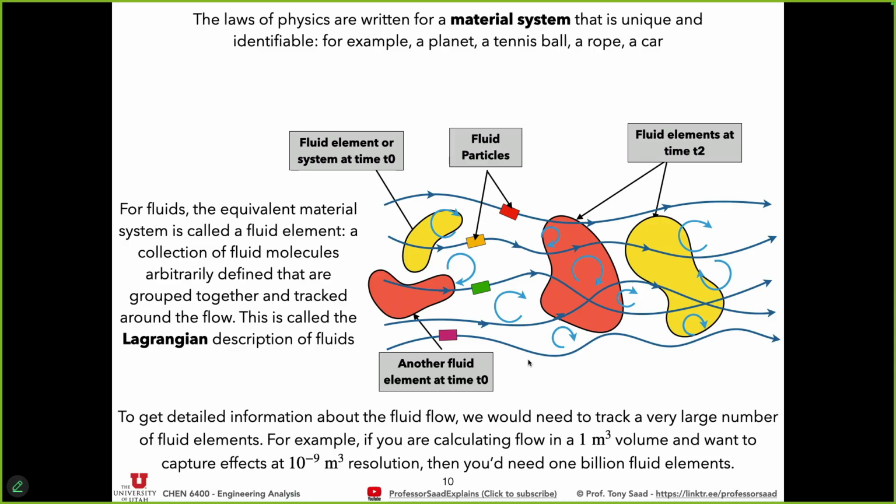If we were to look at that smallest volume, 10 to the minus 9 cubic meters, and make that our smallest fluid element, because I'm trying to understand what's happening everywhere inside the fluid flow, then in 1 cubic meter of air, suppose the air is spinning and mixing, I would need about 1 billion fluid elements, each of size 10 to the minus 9 cubic meters, and track those as they deform and move in the flow.